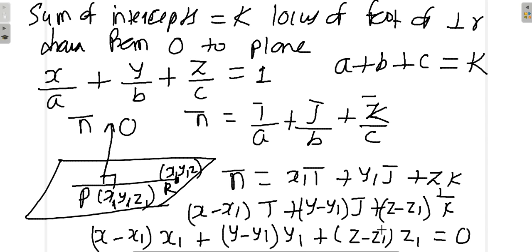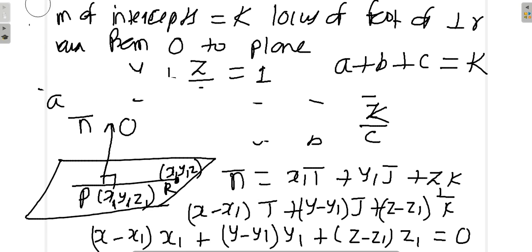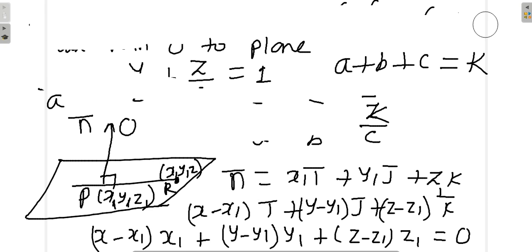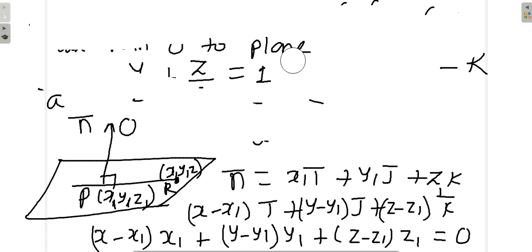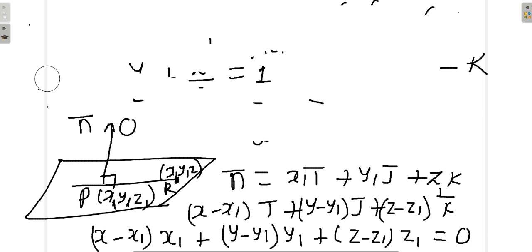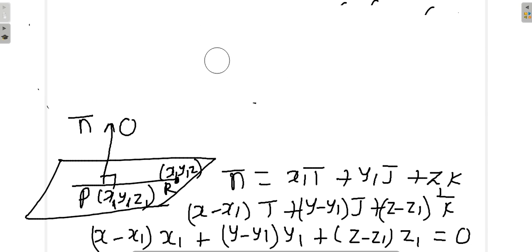So now we can find the intercepts made in terms of x1, y1 and z1. So let us see the intercepts made by this particular plane, and the x-intercept is A, y-intercept is B, and z-intercept is C. So what is the x-intercept? The x-intercept is obtained by putting y equal to 0 and z equal to 0.